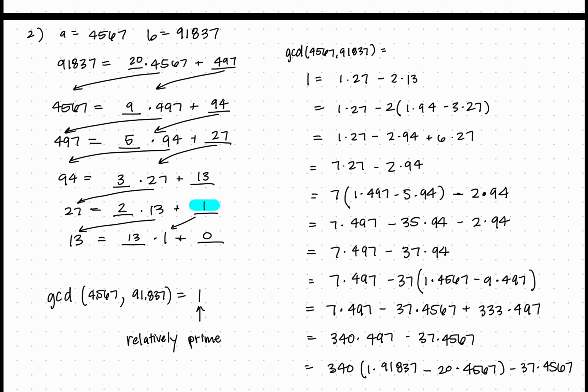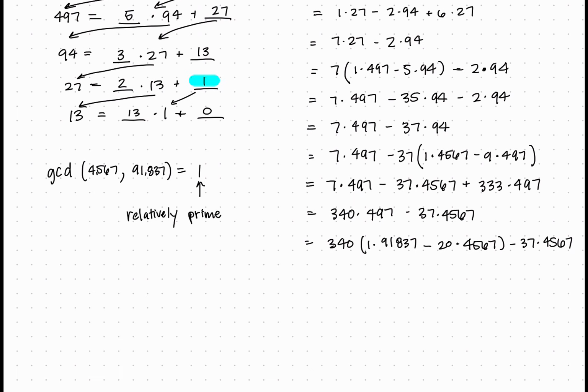All right, I'm going to need to do some distributing to clean this up. I'm going to scroll up some. This is 340 times 91,837 minus 20 times 340, which is going to be 6,800 of these 4,567s, and then I still have these 37 on the end. If I combine like terms, I have 340 of the 91,837s, and I take away 6,837 of these 4,567s.